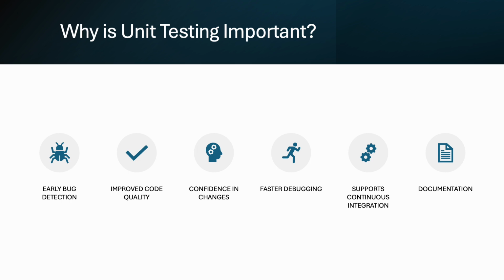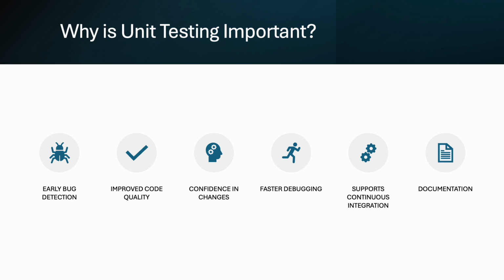So, why is unit testing important? Well, one of the biggest advantages of unit testing is catching bugs early. Fixing issues during the development phase is far less costly and time-consuming than finding them later. Writing unit tests encourages programmers to think critically about their code.